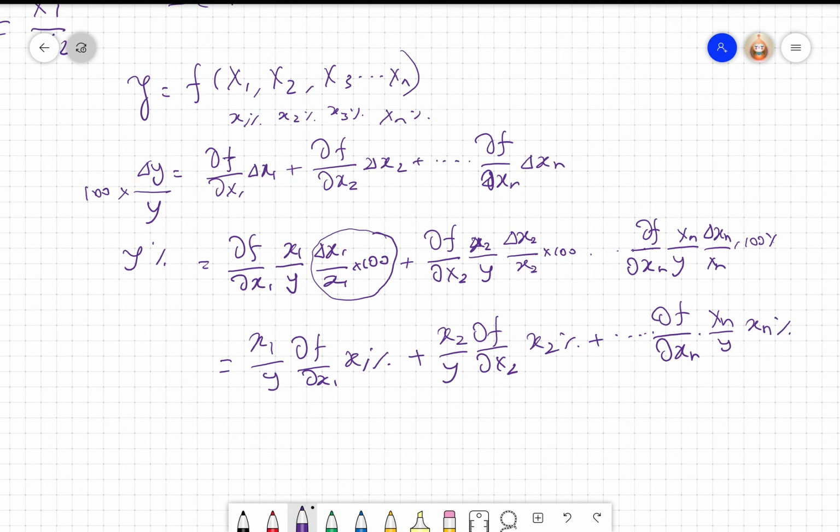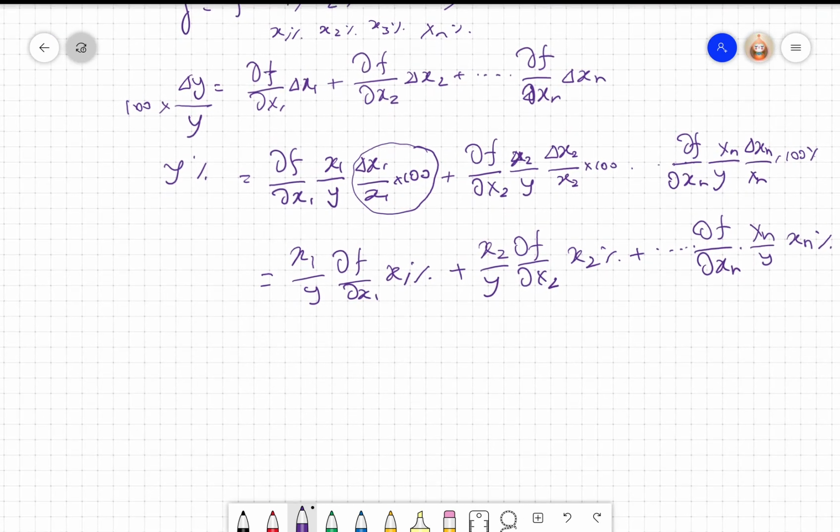So this formula we can use if I have y as a function of x.